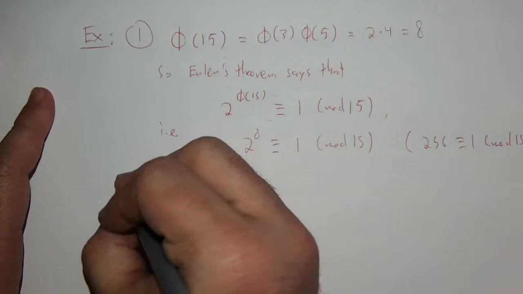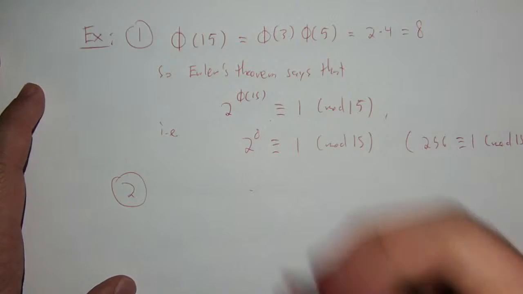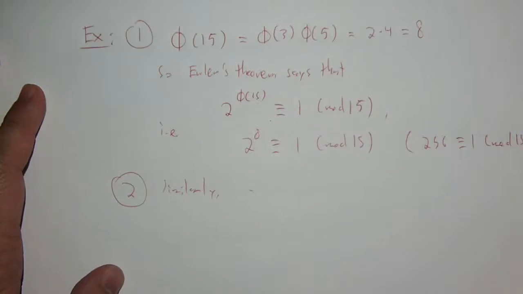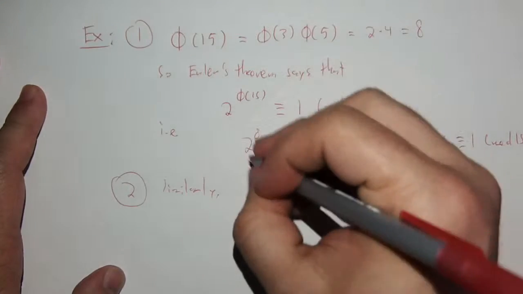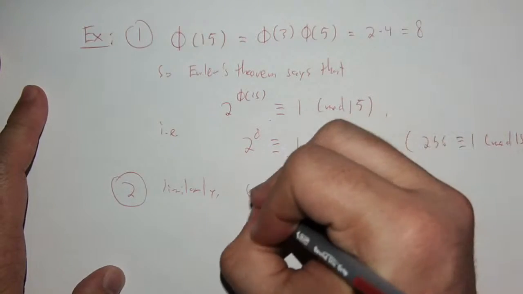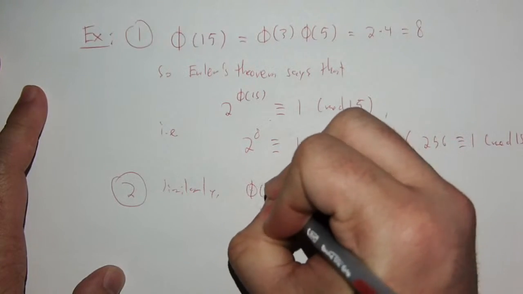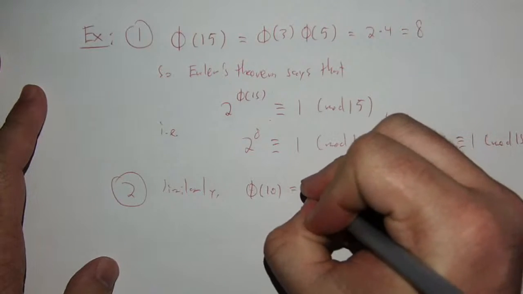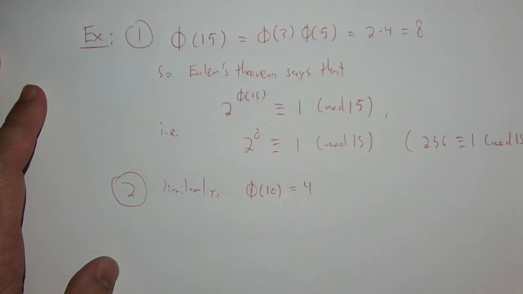Similarly, what about applying this mod 10? So phi of 10 is 4.